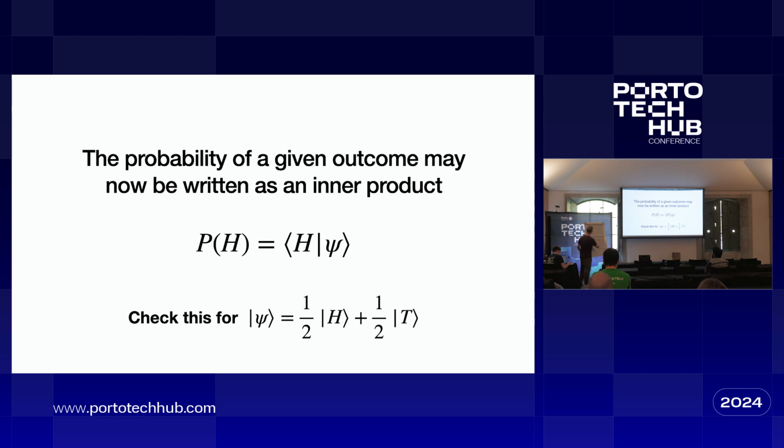Right. So let's calculate ⟨H|ψ⟩, okay? This is equal to ⟨H| times (half |H⟩ plus half |T⟩), right?